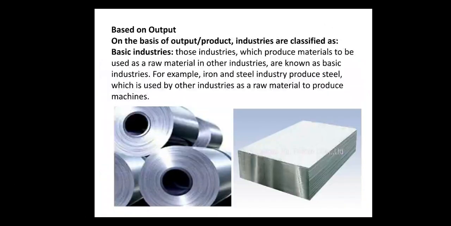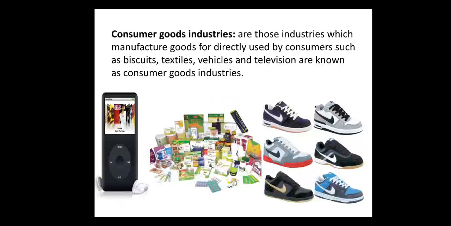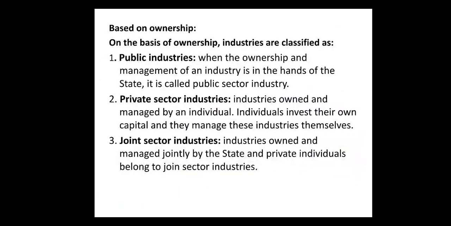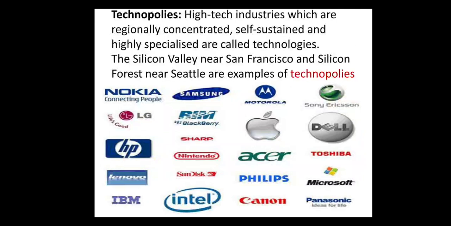Based on output, industries in the world are classified into two: basic industries and consumer goods industry. Based on ownership, industries are classified into public industries, private industries, and joint sector industries.